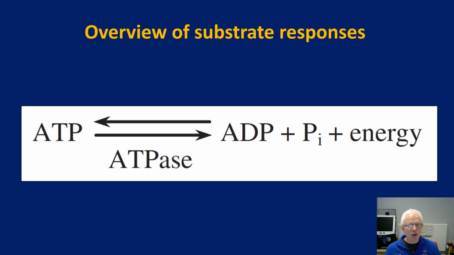By cleaving off a single phosphate molecule, we end up with adenosine diphosphate, that is adenosine plus 2 phosphate molecules. And we have this free phosphate floating around, and this then releases energy. But notice that the reaction is reversible. If we take the phosphate and add it back to ADP, we'll end up with ATP. And we'll explain how that works a bit later.